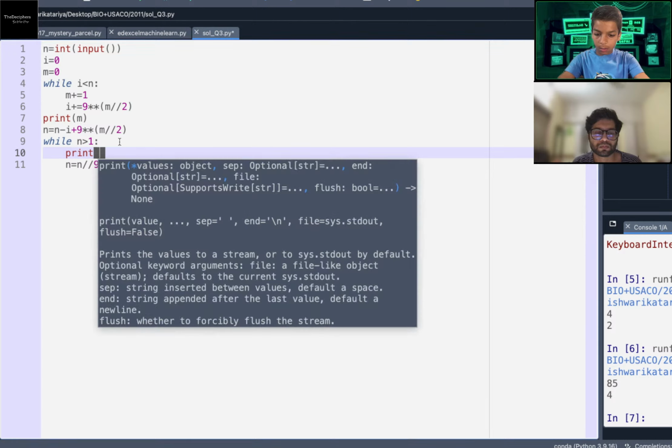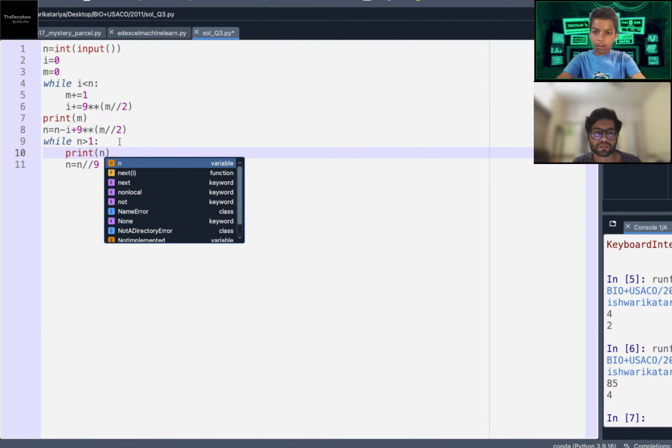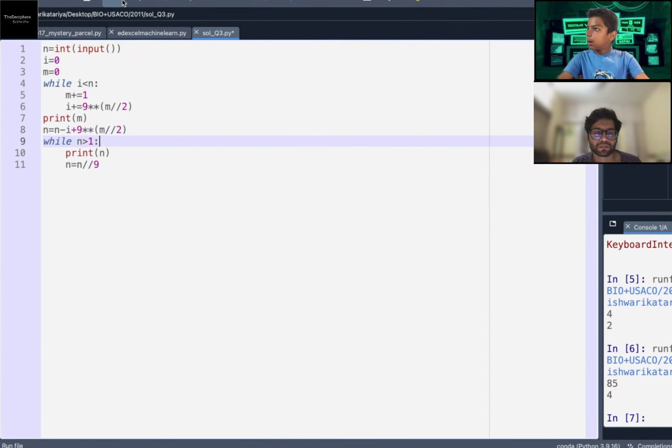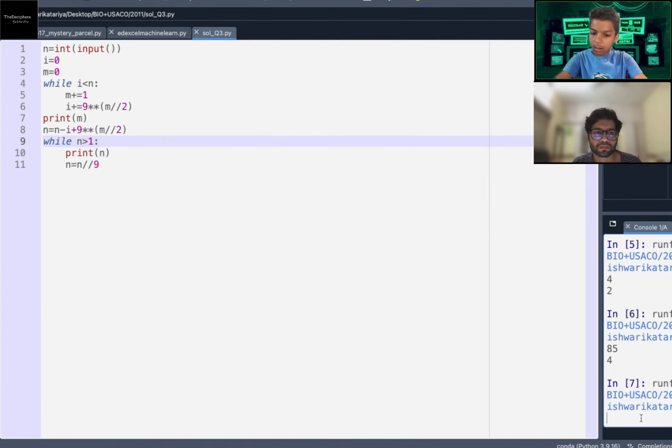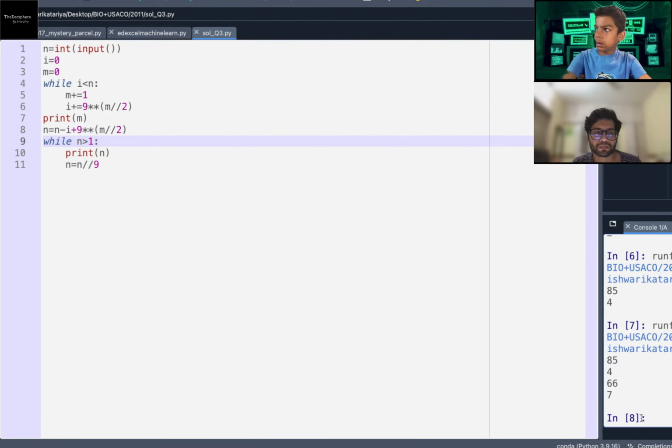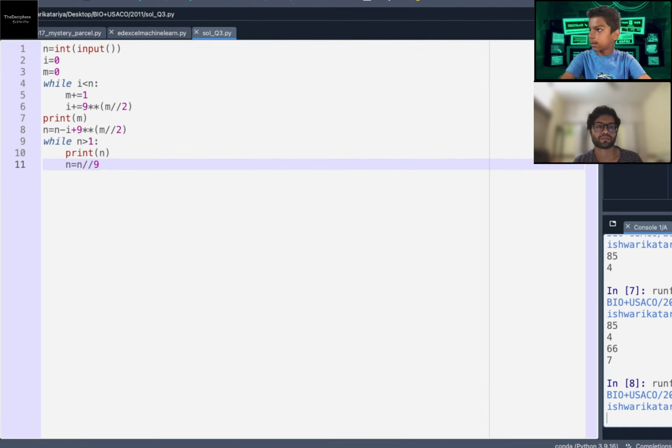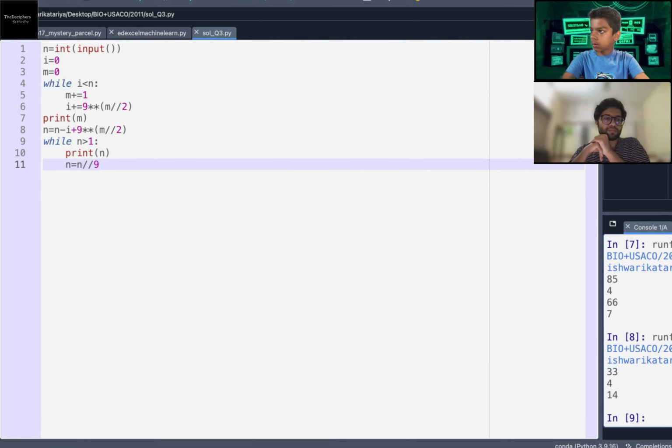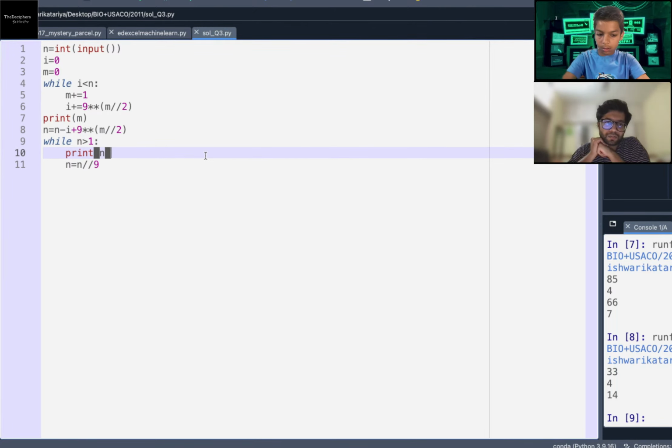So print out n and think. Let's do 33. Right, so you should print n mod 9. So print that n mod 9.